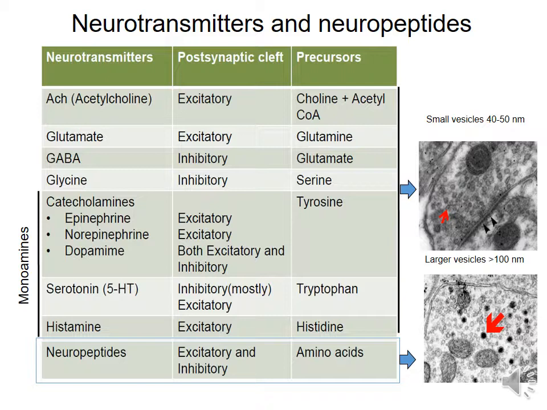Glutamate, on the other side, is an amino acid with a primary excitatory function. Conversely, a major inhibitory neurotransmitter is gamma-aminobutyric acid, or GABA. And another inhibitory neurotransmitter is the amino acid glycine.